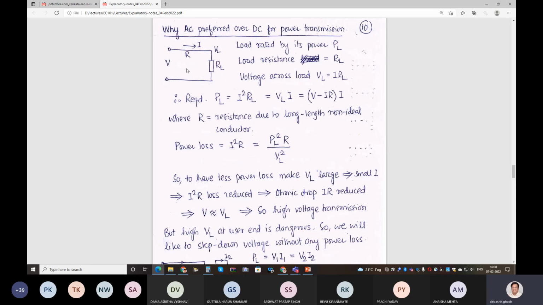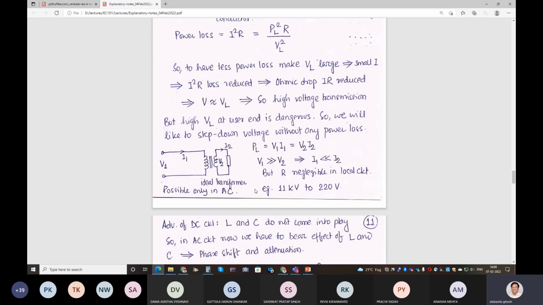That can be done only in case of AC using a transformer. An ideal transformer will have no power loss, so it basically transmits the power from one side to the other without any loss. Practically, there is some loss in the transformer, but otherwise more or less the same power is transmitted.